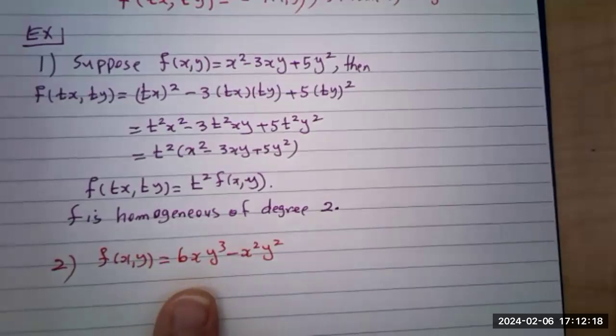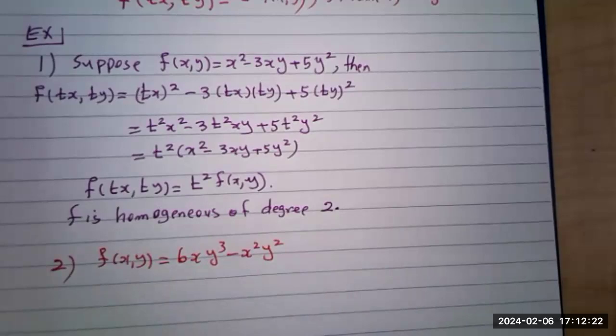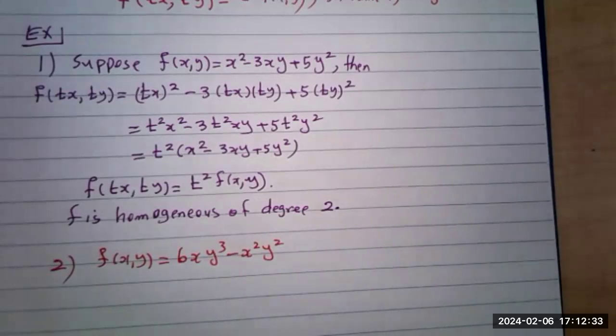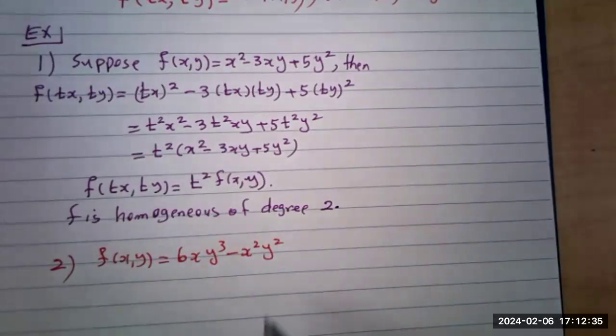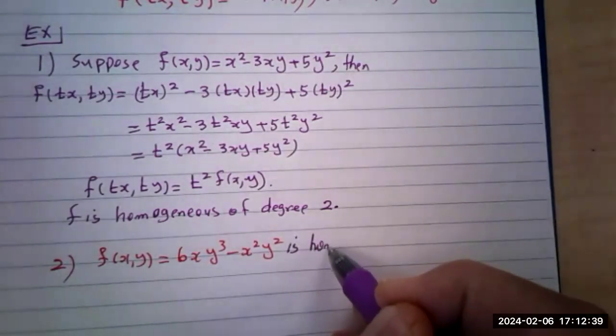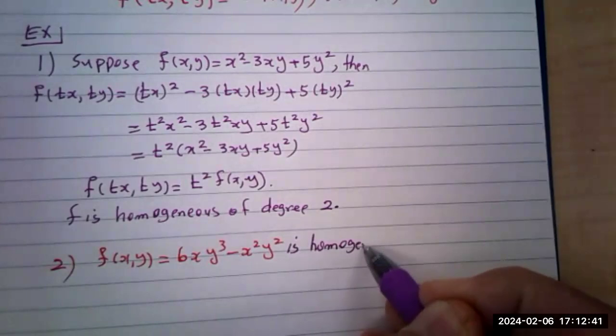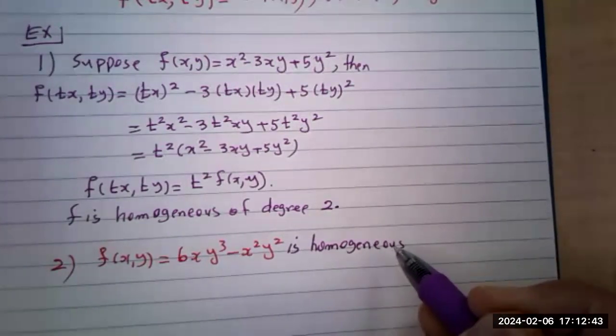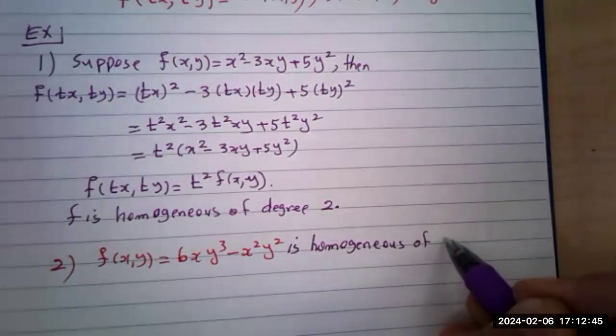The degree is the sum of the degrees: 1 plus 3 is 4, and 2 plus 2 is 4. So this is homogeneous of degree 4. I need to check it out. So it's going to be homogeneous of degree 4.